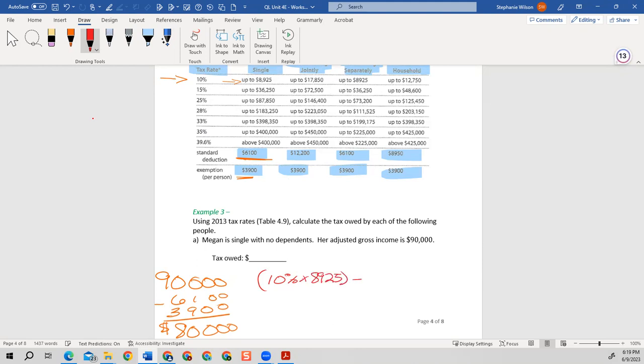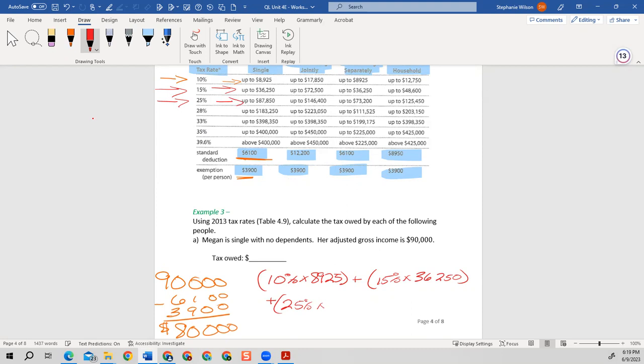We're going to add that to the next portion: 15% times, and it's up to, because she's single, $36,250. Plus, now we haven't exceeded this yet. She comes up to the 25% bracket now. Oof, that's scary. Times, however, she didn't go up to 87,000.